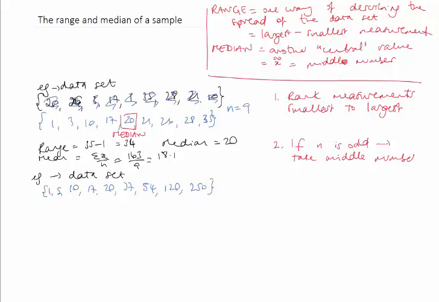So here the range is much bigger. 249. However, my n equals 9, the mean is exactly the same. So our middle number with 4 on either side is 20 again.